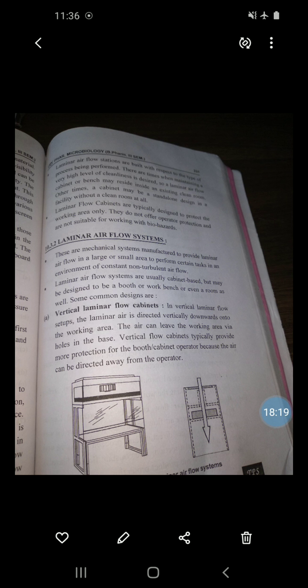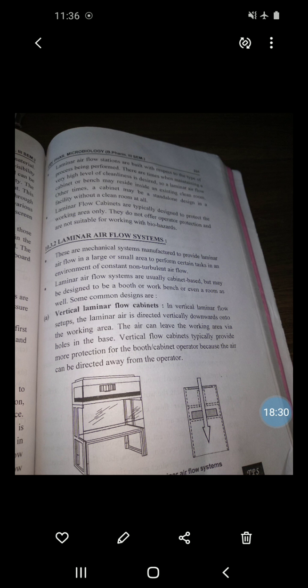The air can leave the working area via holes in the base. Then the vertical flow cabinet typically provides more protection for the booth or cabinet operator because the air can be directed away from the operator.